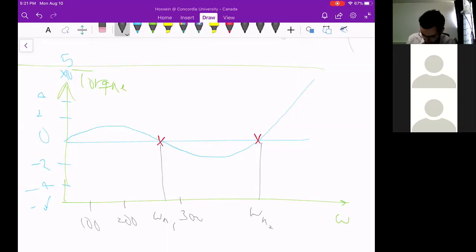And 400, 500, 600 hertz or radian per second.